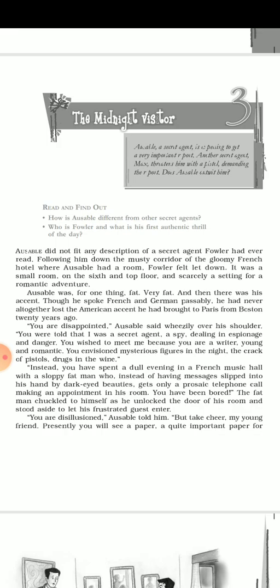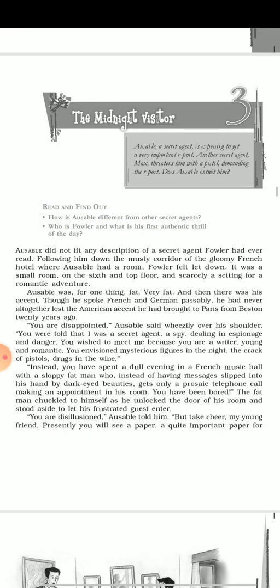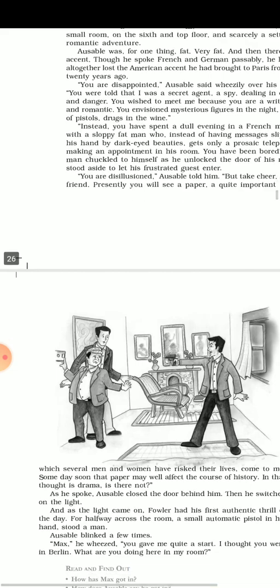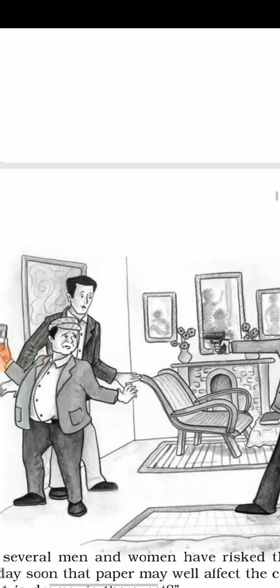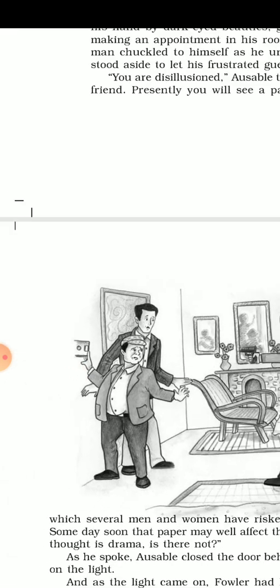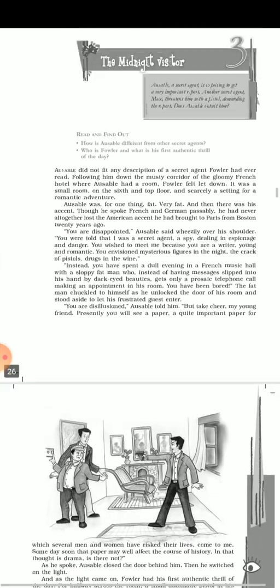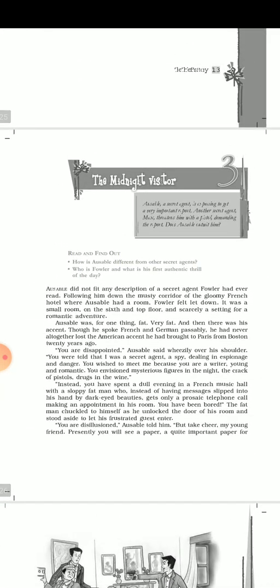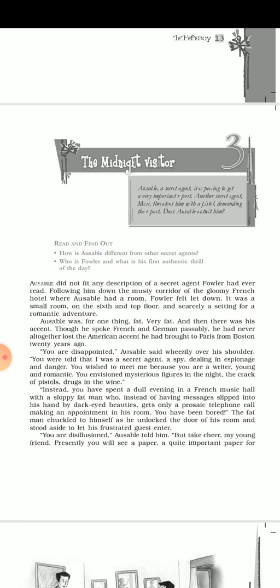So things like this. But as I showed you in the picture, a renowned secret agent, Audible, is so short in height and so fat, right? So the first line is highly justified, said by Robert Arthur. The line is that Audible did not fit any description of a secret agent Fowler had ever read.